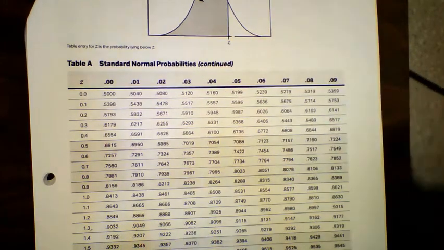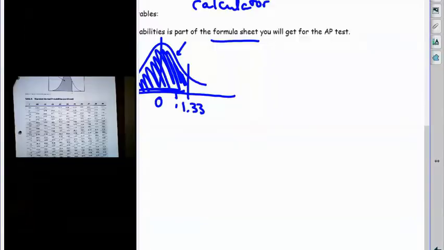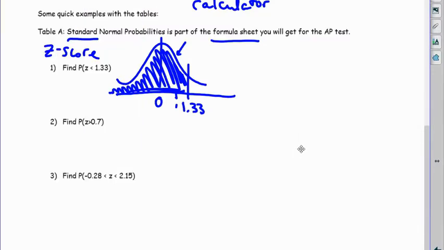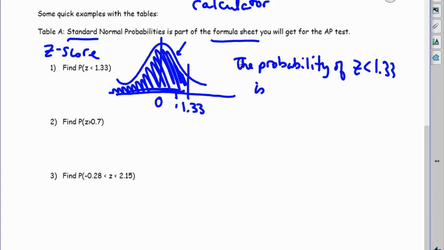Okay, so let's write that down. The probability of z less than 1.33 is approximately, I always like to put in a word of uncertainty.